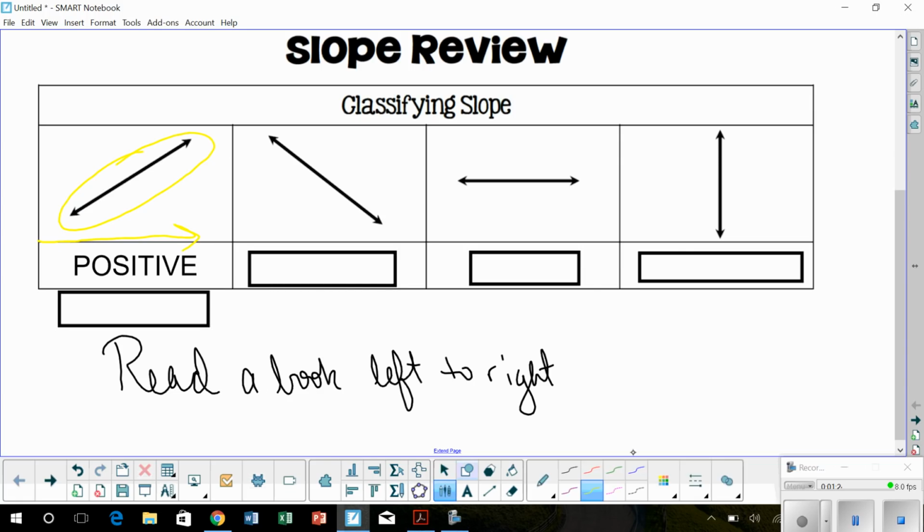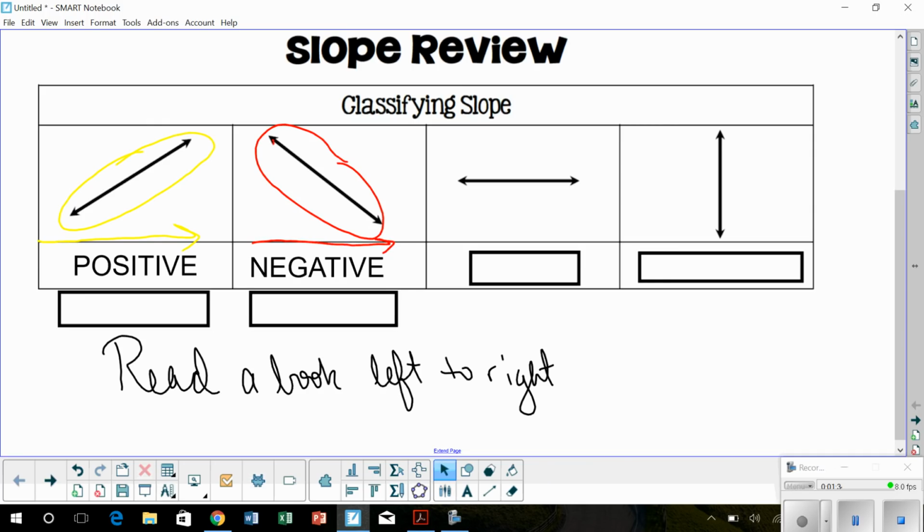If we're looking at this one, we read again left to right, so it starts up here and works its way down, which is going to be a negative slope.